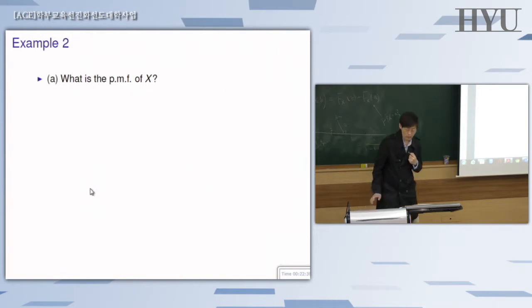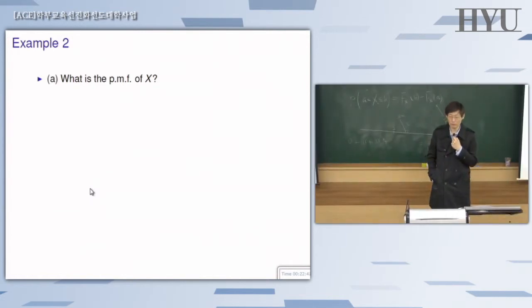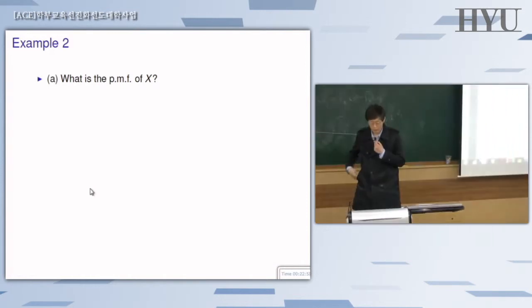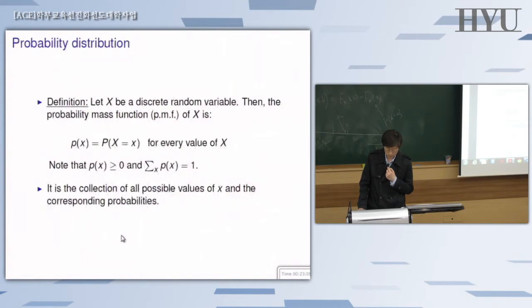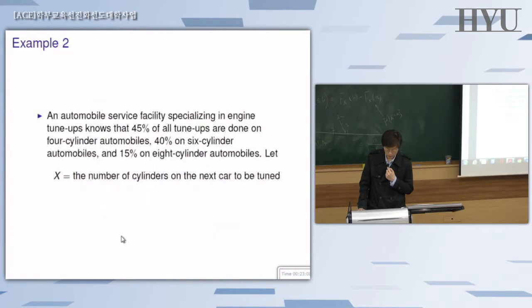So PMF is simple to construct. List all those values that can be taken by x, and then fill in those blanks by figuring out the corresponding probability for each, and then you are done. So it's a very simple case. If you do it together, you should write something like this.